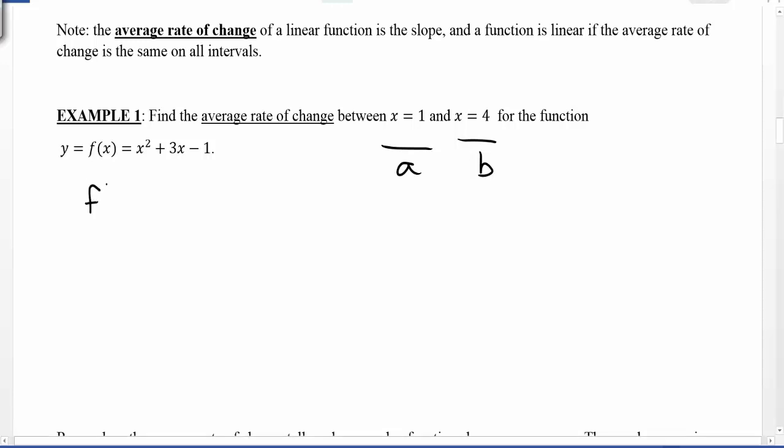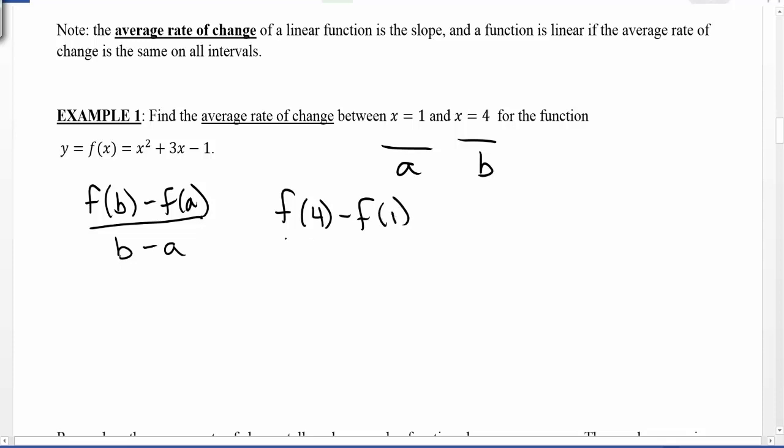So the formula again was f of b minus f of a over b minus a. By substituting in the values I have for this particular problem, that means I'm looking for f of 4 minus f of 1 divided by 4 minus 1.